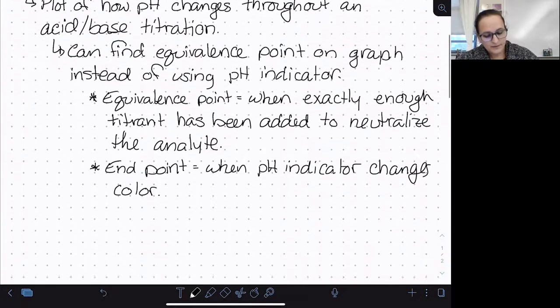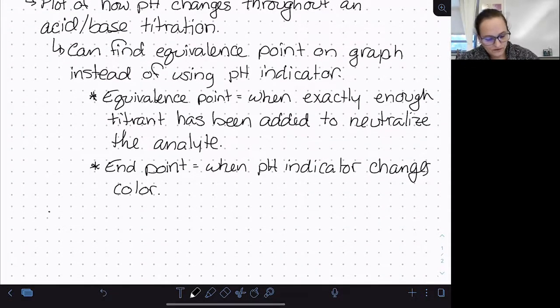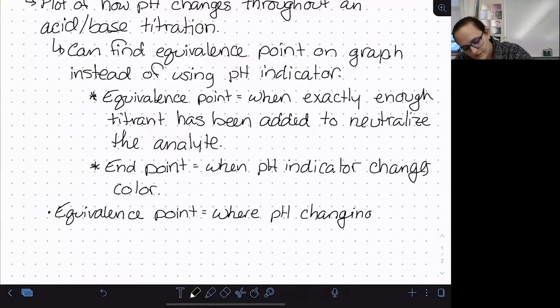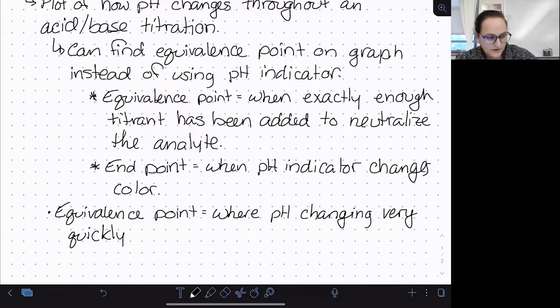So our equivalence point ends up being an inflection point for the graph. So this is where our pH is changing very quickly. So we have a very, very steep slope at that point.